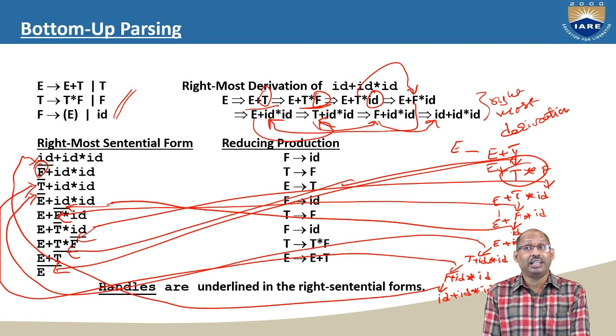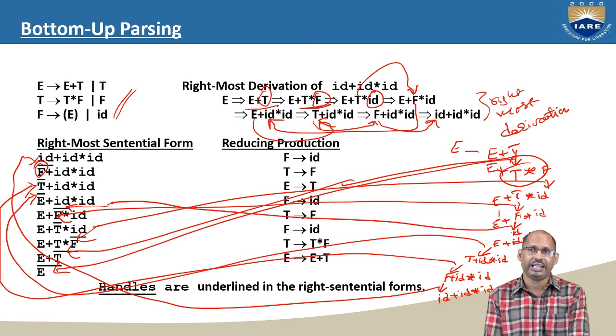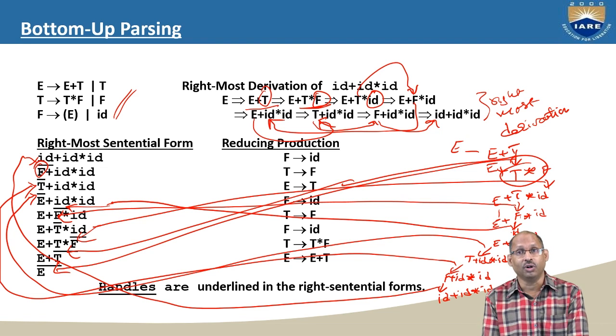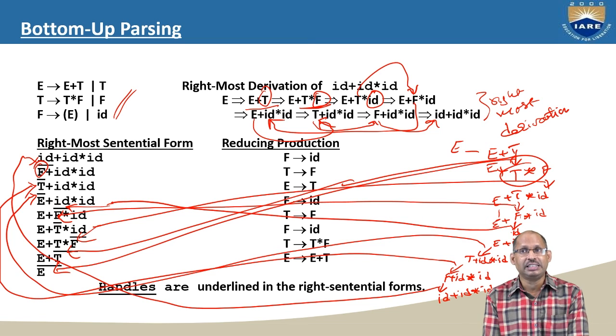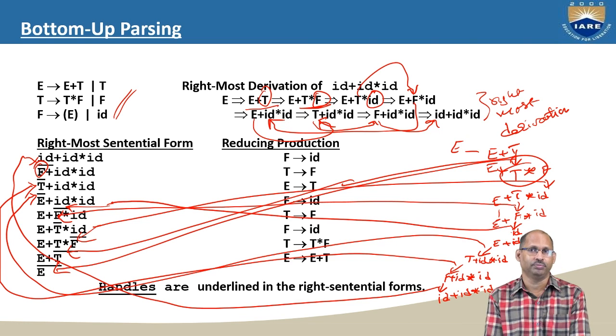So each step in the rightmost derivation used in reverse is referred to as a handle. Using the handles is called handle pruning, which reduces a sequence of terminals to the starting variable.